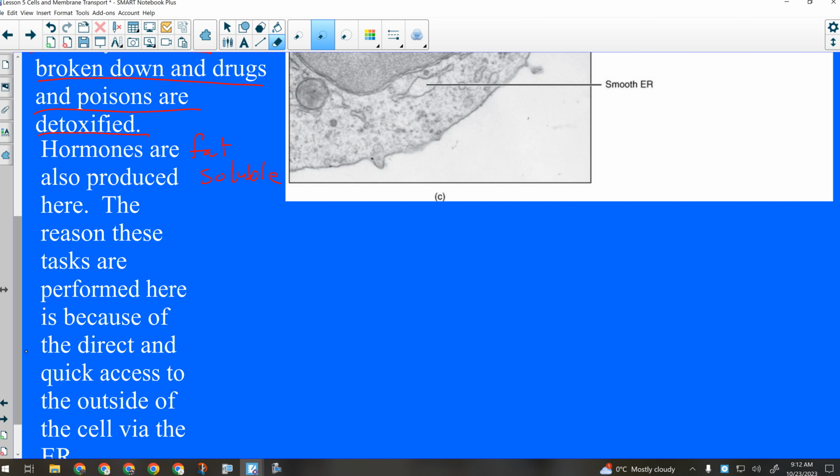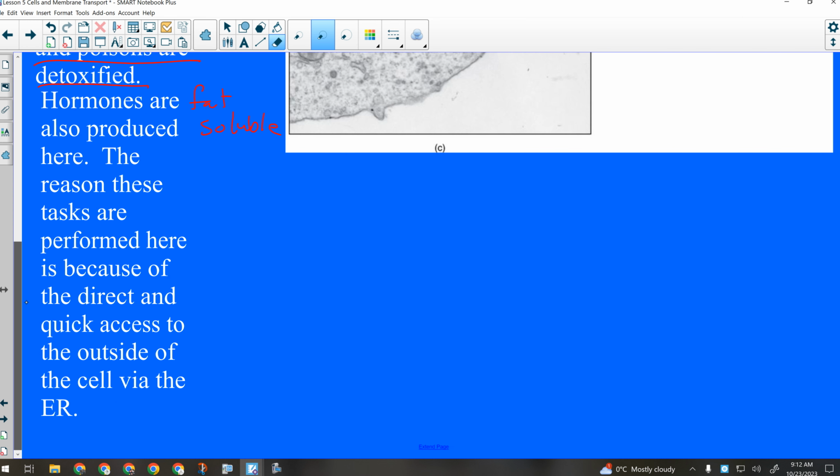Because in a multiple choice question on a test, I could say, the creation of fat-soluble hormones is the job of A, B, C, or D. And if you've only memorized one function and it wasn't that one, you're kind of cooked on that. But on a quiz where I'm asking you to give the function, I'm only requiring one.